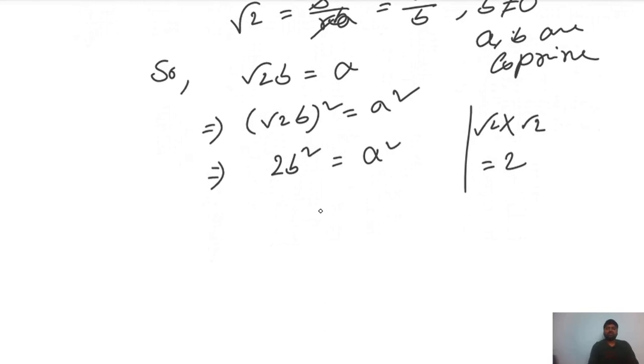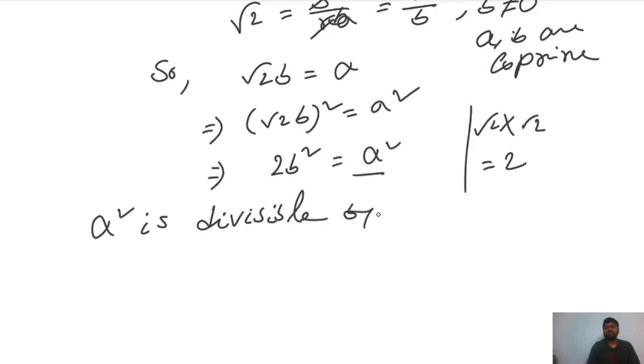Here we say that a square is divisible by 2, because 2b square equals a square. Since a square is represented as 2 times b square, a square is divisible by 2.